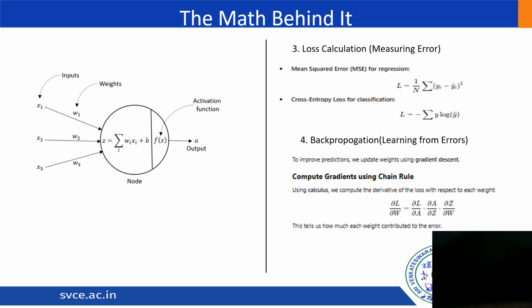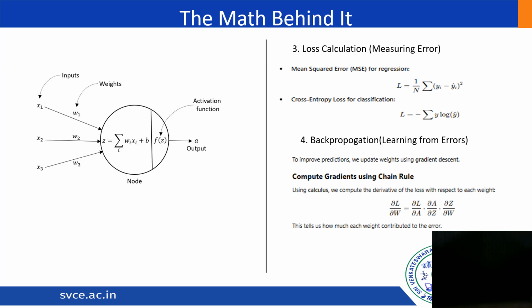For example, mean squared error (MSE) is used for regression problems, where L is equal to 1 by n summation (yi minus y cap) whole square. And for classification problems, we use cross entropy. The formula is L is equal to minus summation y log y cap.